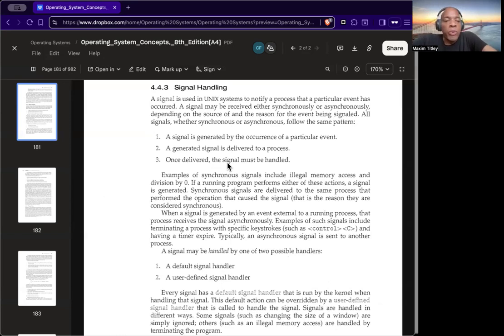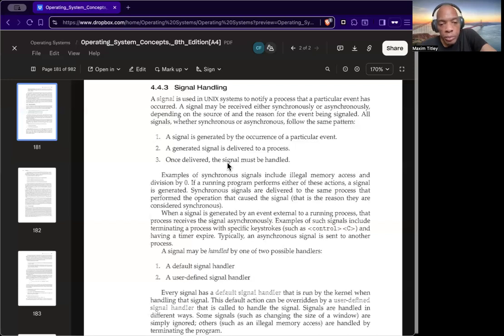This is what we were talking about at one point when we spoke about signals coming up in interrupts, right? Here you see a signal is generated and sent to the process, and it is not just delivered after some event occurs, but it has to be handled once it is received, right?